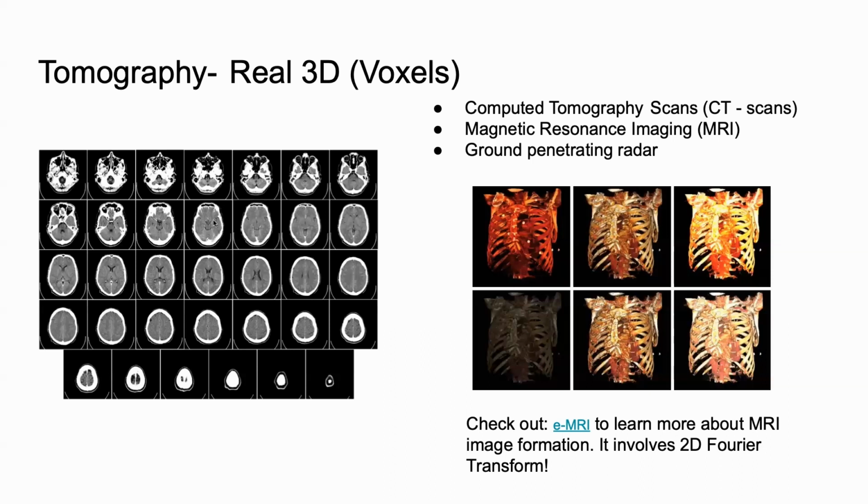Okay, because different tissues will reflect differently or absorb differently. You can isolate different tissues or like for example here, skeletal system, you can isolate that based on the intensity of their reflection or absorbance. Okay, this is a nice link explaining how MRI works. Okay, but this is the real 3D.